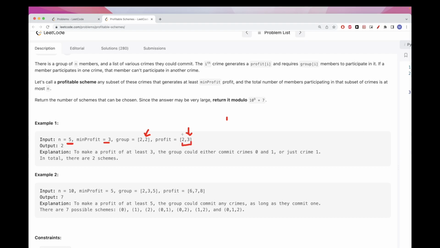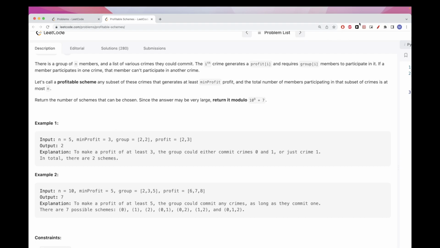You can't do just crime 0, because then the profit is smaller than the minimum, but you could do both, and then the profit would be 5, which would be bigger than the minimum profit, so it's good. In terms of the number of members, we would need 2 plus 2, so 4, which is still within the limit that we have here. So that's another possible solution. And since crime 0 alone is not possible, we have only these 2, so it's 2.